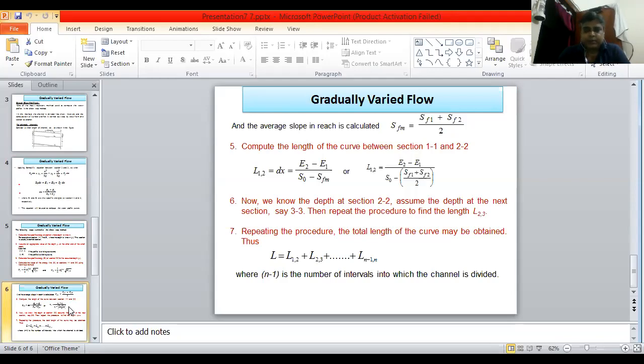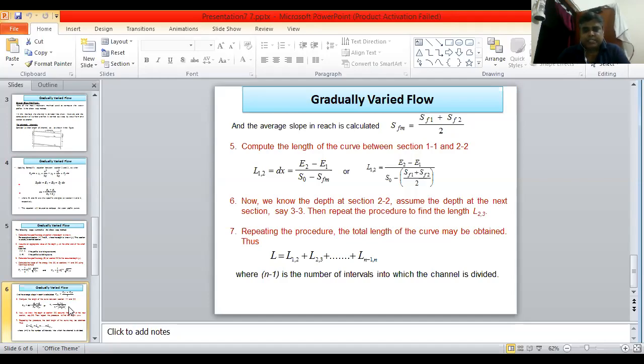Step 6. Now you know the depth at section 2, so assume the depth at the next section, say section 3. Then repeat the procedure to find the length L23. Step 7.